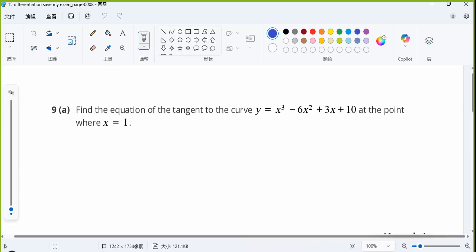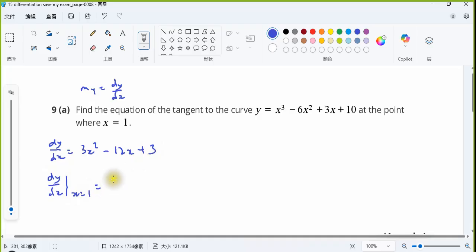Question number 9. Find the equation of tangent. So we know that the gradient of tangent is dy/dx. So dy/dx is 3x squared minus 12x plus 3. So dy/dx when x equals 1 will be 3 minus 12 plus 3, then it's negative 6.